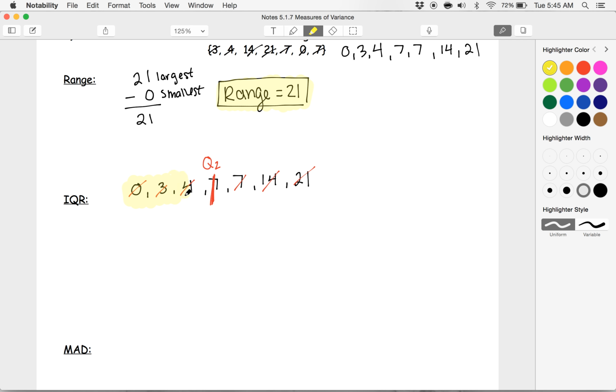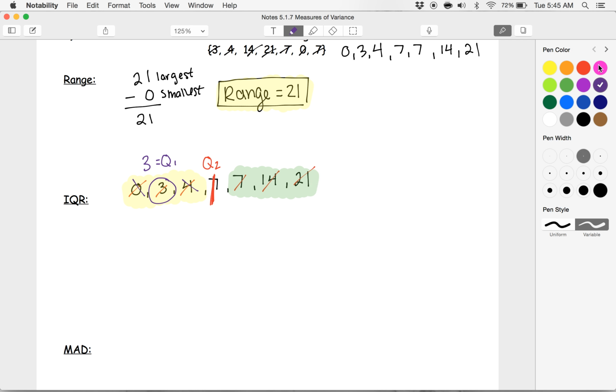Now I need to find the middle number of the first half. Oh, this one's nice. Look, it's right in the middle. So 3 equals quartile 1. I need to find the middle of the second half, which this one looks pretty nice too. I cross out, and right there, 14 is equal to quartile 3.